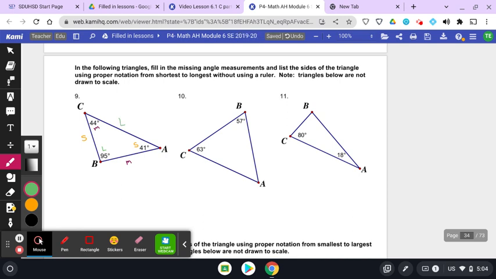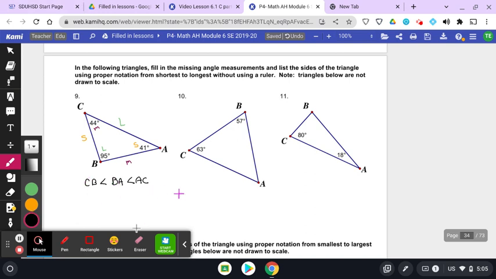So I'm trying to list the sides from shortest to longest. Okay, we're talking about a measurement here. So I know the measurement of CB is smaller than BA, which is smaller than AC. Okay, so this is a length. The length is smaller than a length, which is smaller than a length.